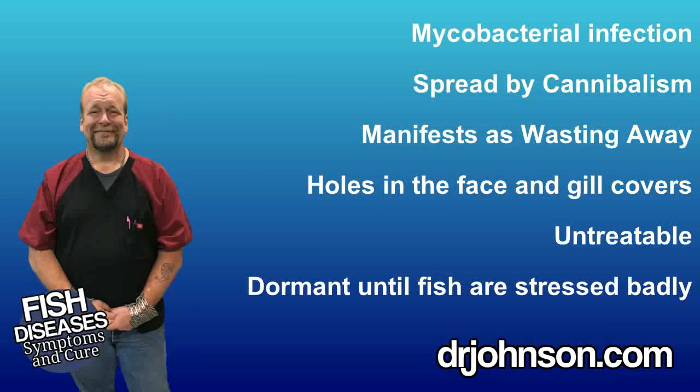Here's how that goes. Maybe a really hard winter where the fish are drastically heated, cooled, heated, cooled, like desert falls and winters, which are hot days and frosty nights. Sometimes that's enough stress to allow the TB to come out of remission.